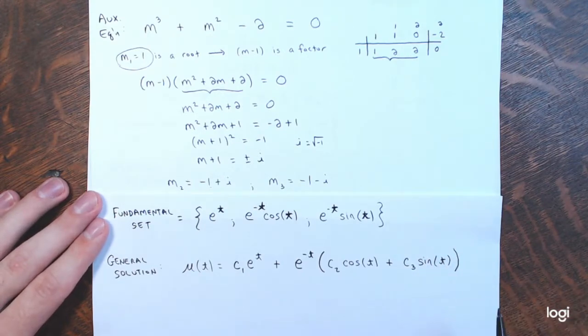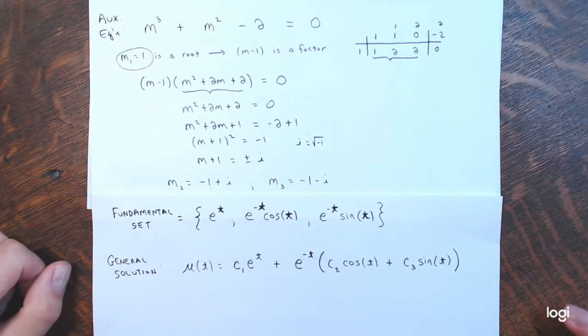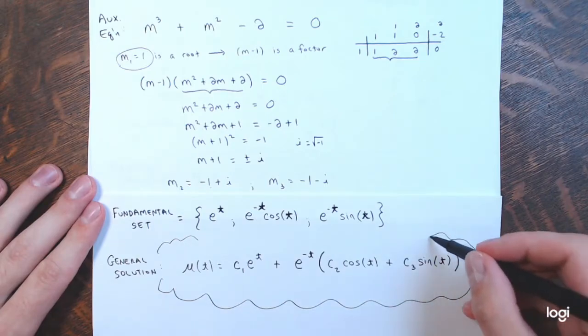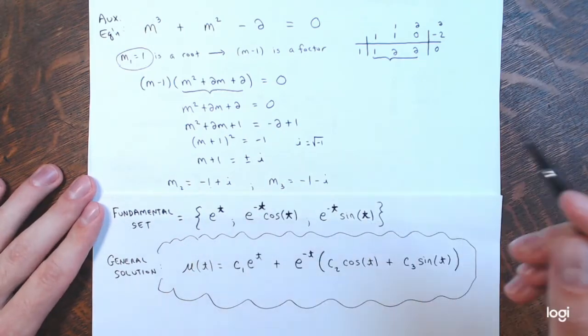Close that quantity, where c1, c2, and c3 are any constants.